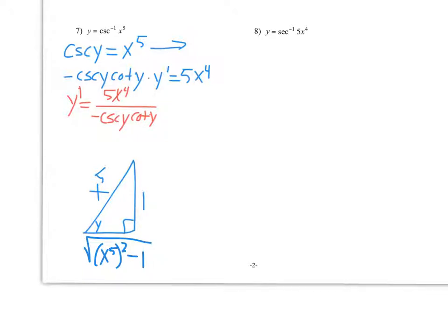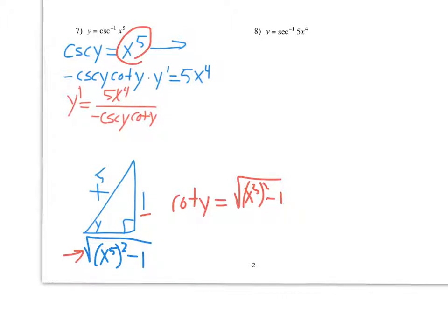Okay? Cosecant of y, well, we already have that. That's x to the fifth. Nice. Cotangent of y is going to be adjacent over opposite, which is this guy over 1. So square root of x to the 5th squared minus 1.